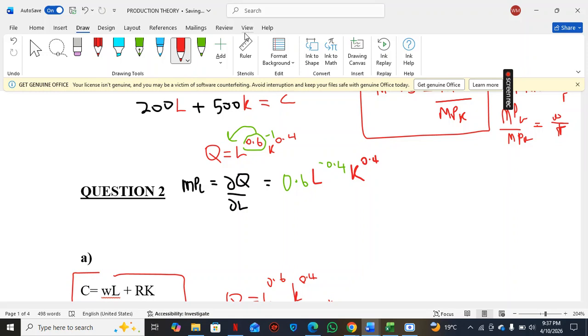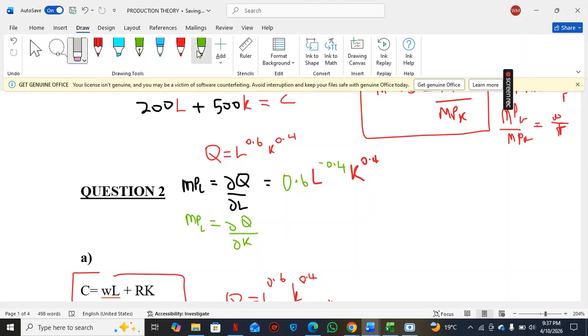The marginal product of capital, MPK, you're going to partially derive the production function with respect to capital. All right, so you are focusing on the K variable.